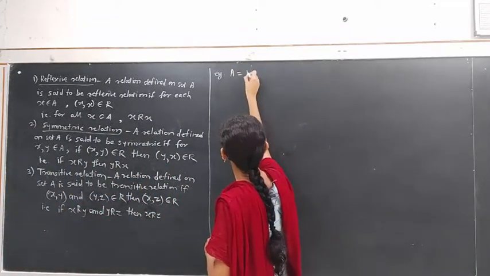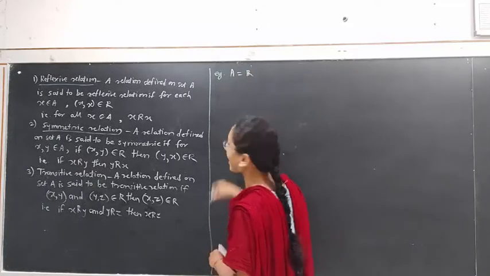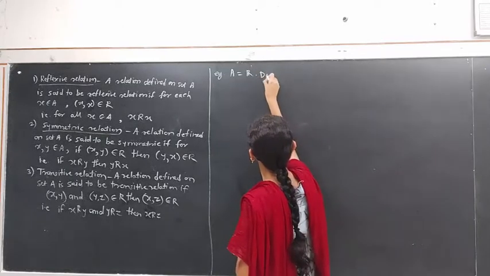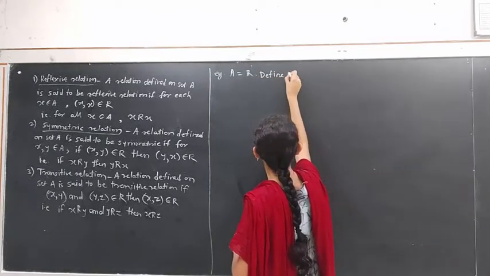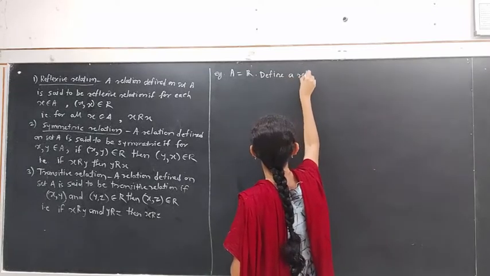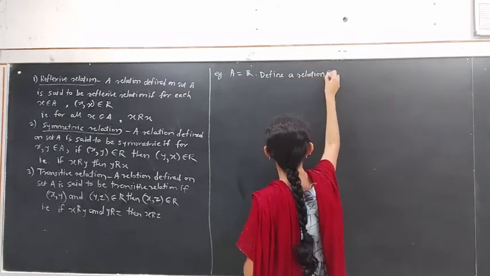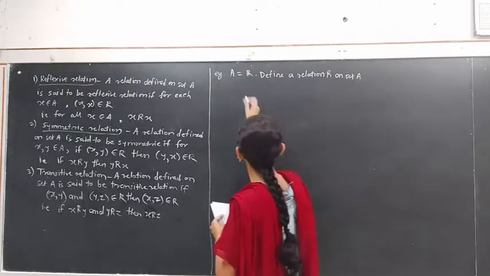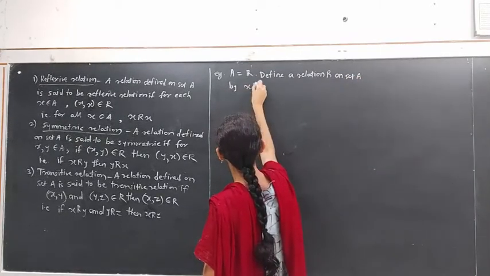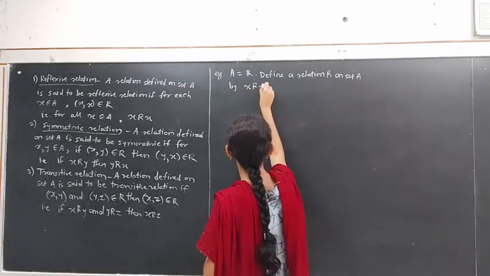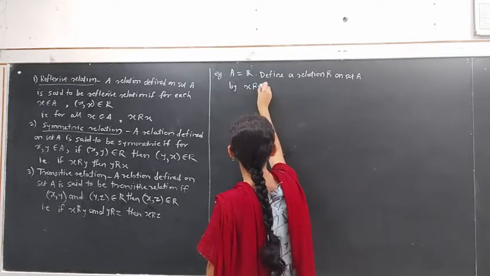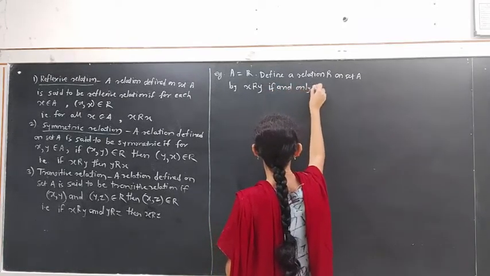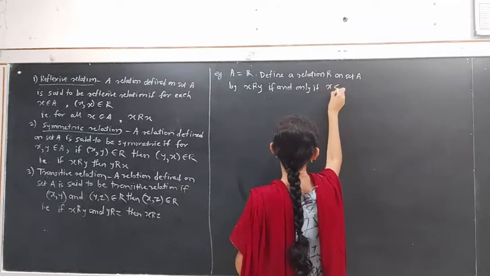Let A be the set of real numbers R and define a relation R on set A by x R y if and only if x is less than or equal to y.